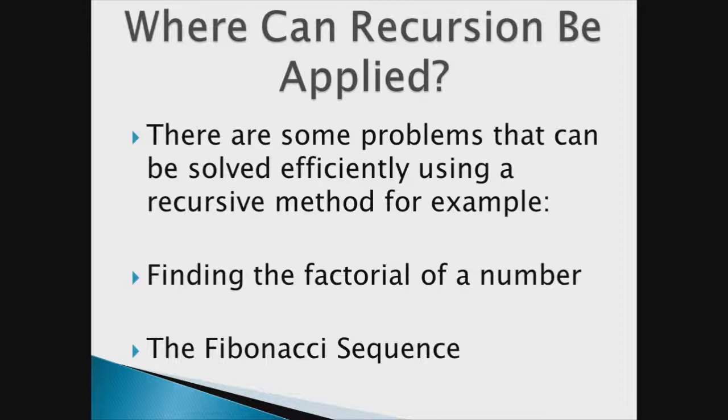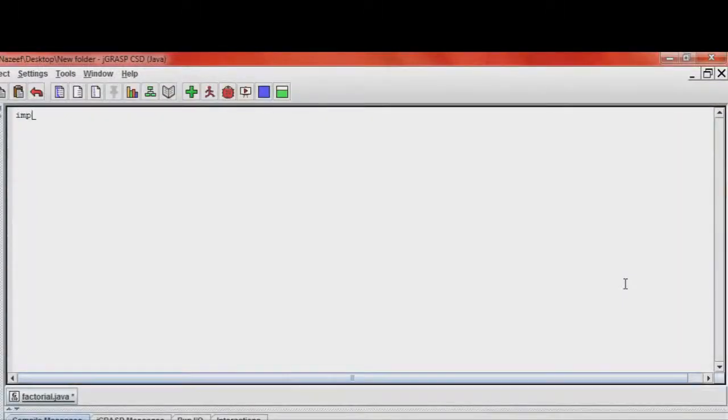Now to expand on it, here is an example of how to make a program which finds the factorial of a number. First, you have to import java.util.Scanner in order to be able to input a number. Then, create your class and your main method.